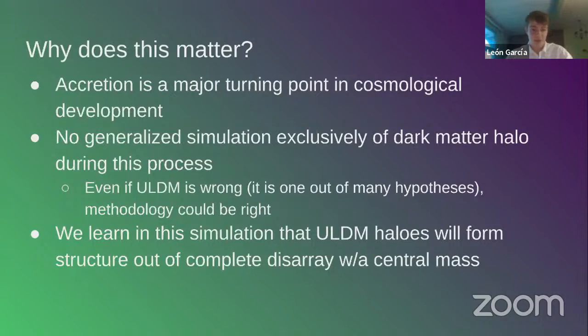There's some other theory for what dark matter could be. And we learn that structure will form, even if it's not exactly the same structure that we want, out of complete disarray. And so that was one of the big takeaways from this research.